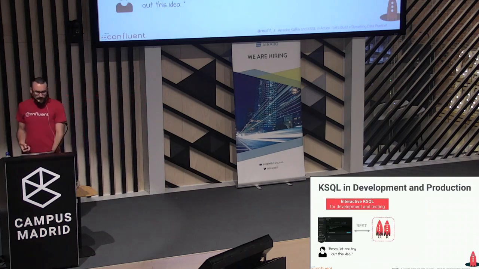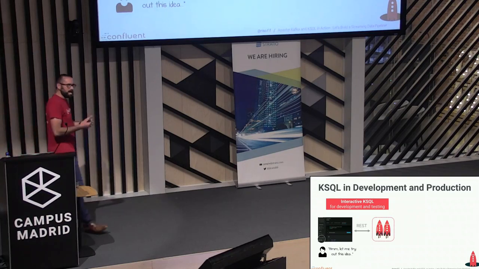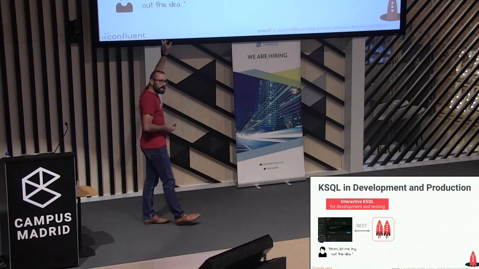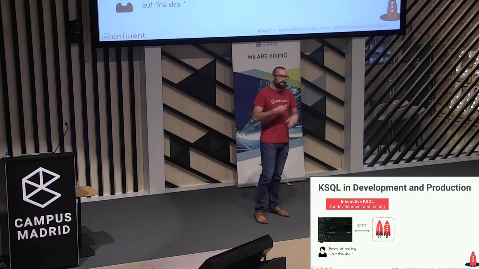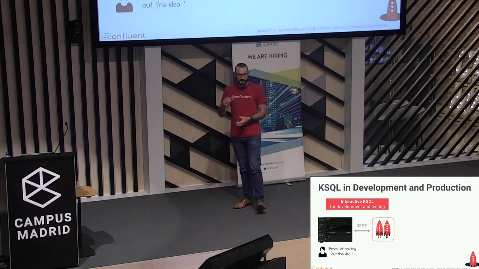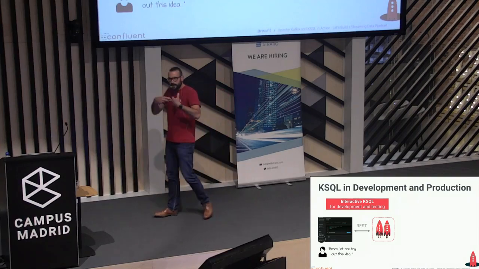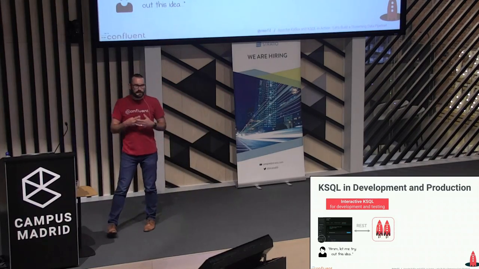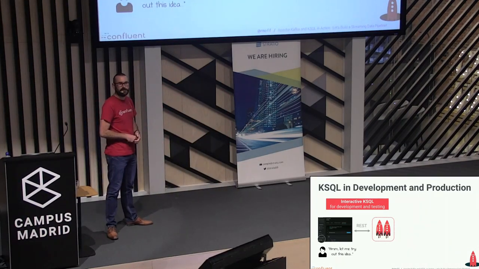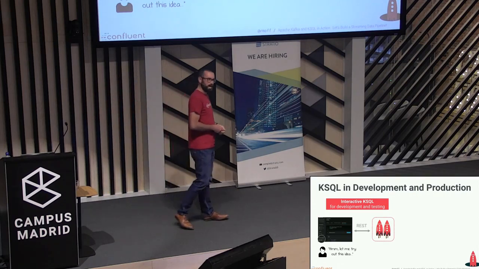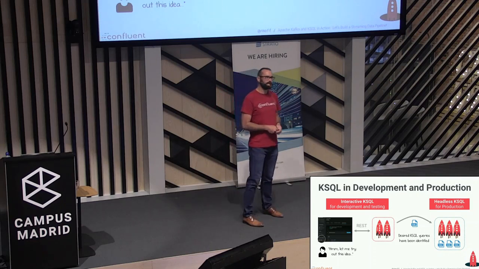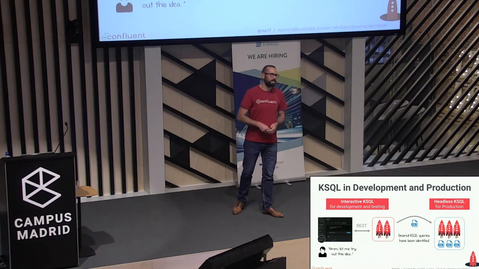So with KSQL, you can use a command prompt, you can use Confluent Control Center, you can use the REST API if you want to prototype the SQL that you're building. And we're going to see this in a moment. So you build out your SQL statements. You can use SQL to explore the data in your Kafka topics, to prototype the kind of joins and filtering that you want to do. And then you take that SQL file, and that's your application code.